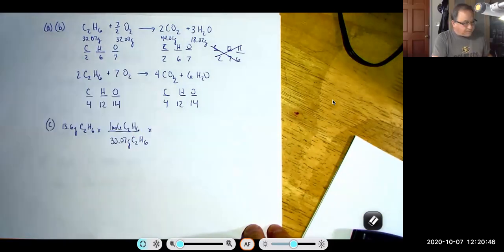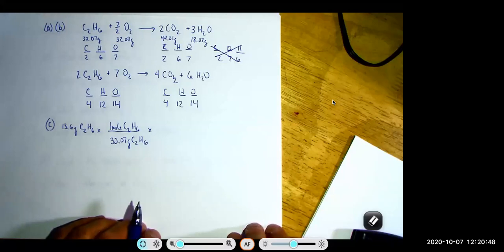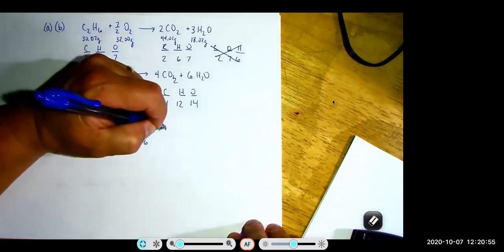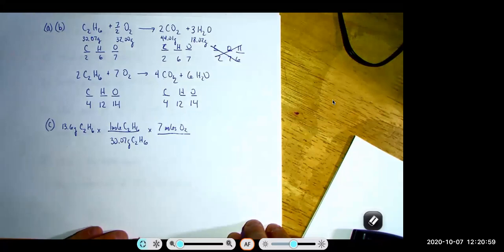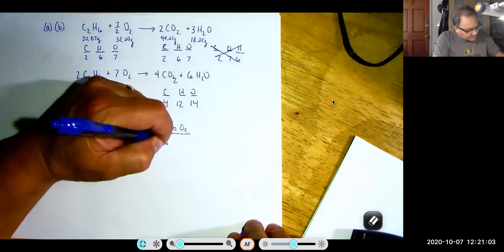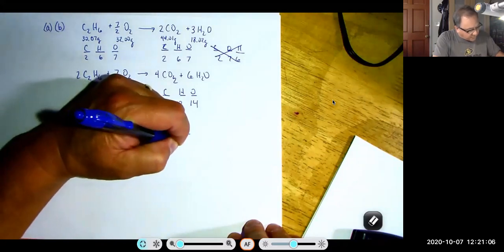What would be next? We're doing O2, right? Should be 7 moles of O2 on top. And then 1 mole of ethane on the bottom. No, 2 moles of ethane on the bottom.